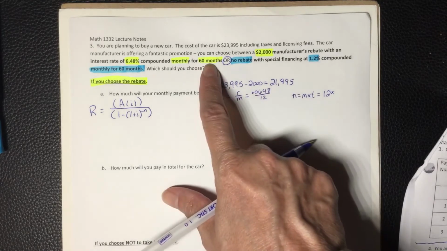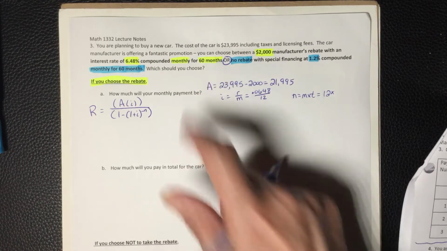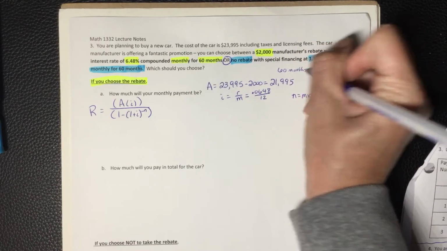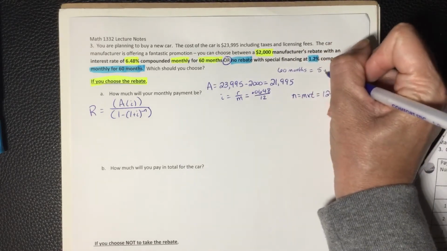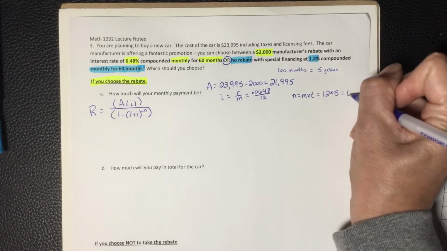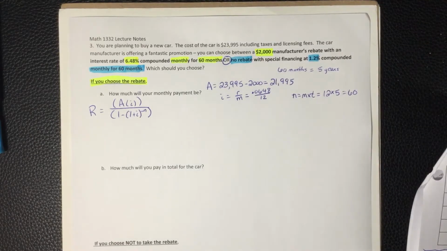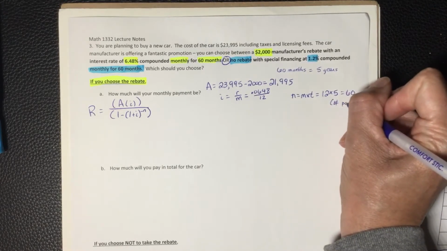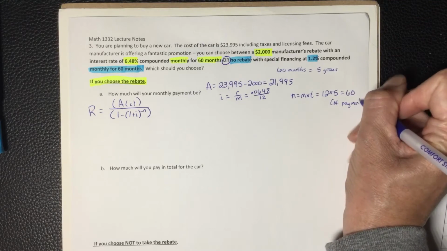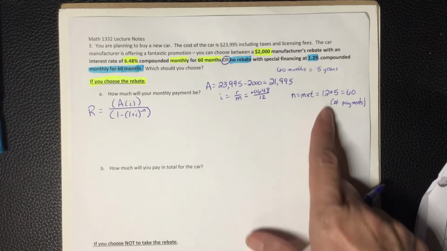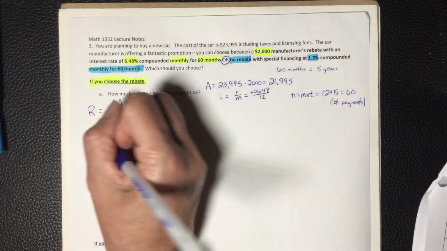Our time is in months, so there's a couple of ways you can look at this. 60 months is equal to 5 years, right, if you divide that by 12. But notice what happens if we do 12 times 5, it just gives us back 60. So remember, this is our number of payments, so we really didn't need to calculate N. It was kind of given to us in the problem, but we can still think of it this way as well.